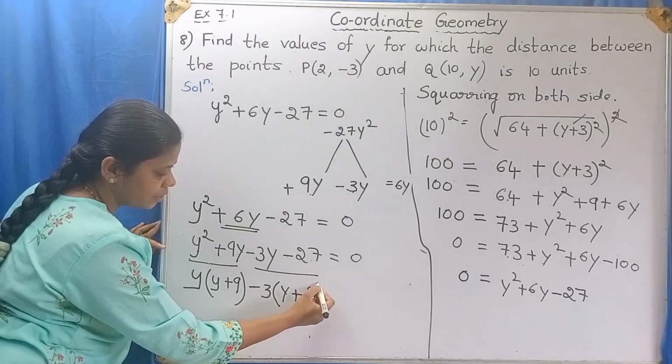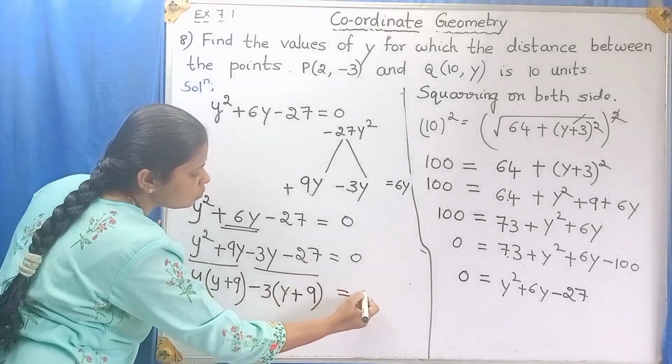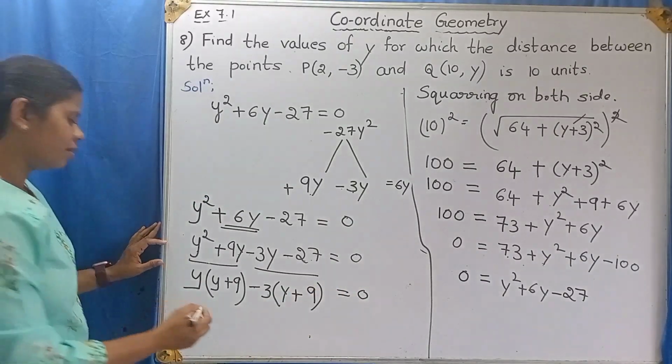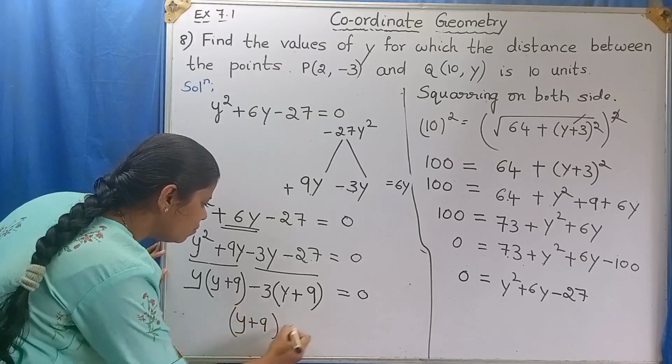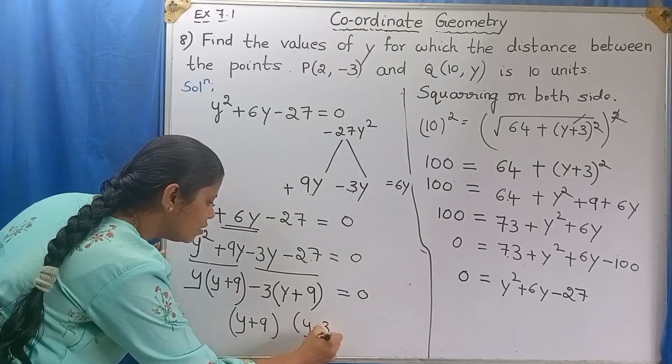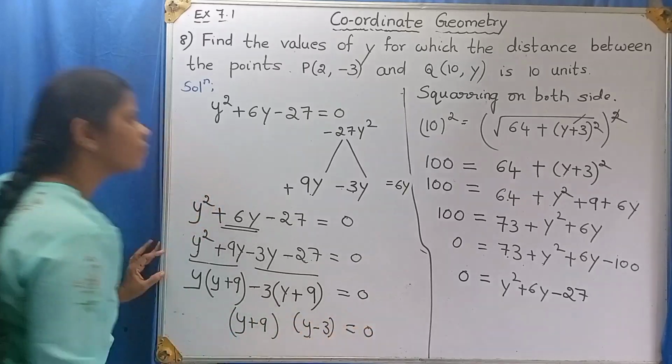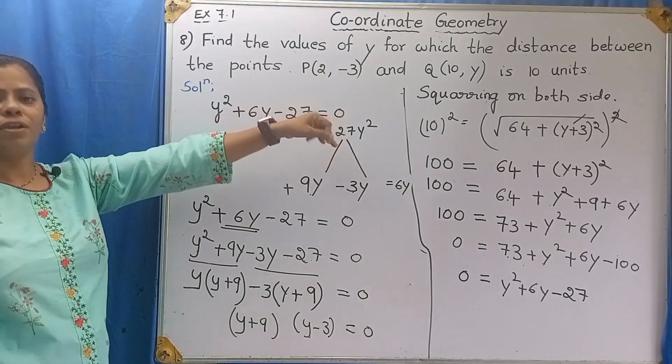Is equal to 0. Then (y plus 9) into (y minus 3) is equal to 0. I am going to rub that. You can copy down.